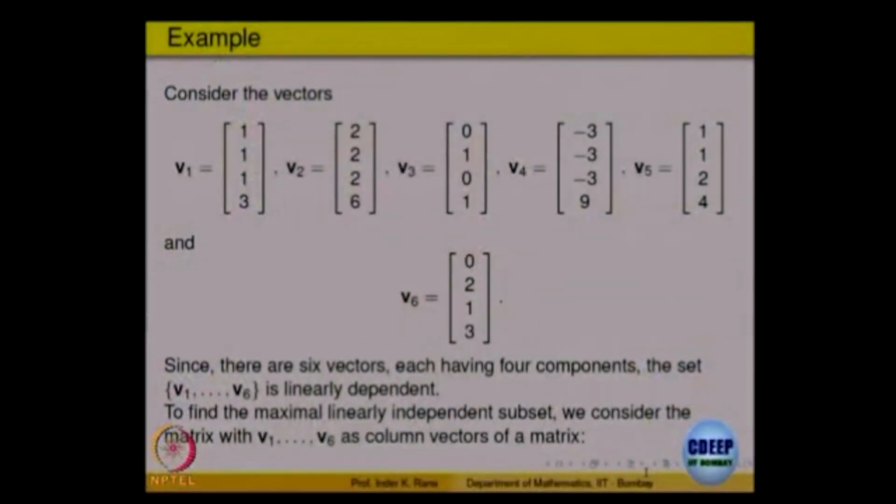So what is the process? I take these vectors v1, v2, v3, v4, v5, v6 and make them the column vectors. So the algorithm is the following. I put these vectors as the columns and form a matrix A. Now I want to find out which ones are linearly independent, so I will reduce that matrix to row echelon form and look at where the pivots are coming.